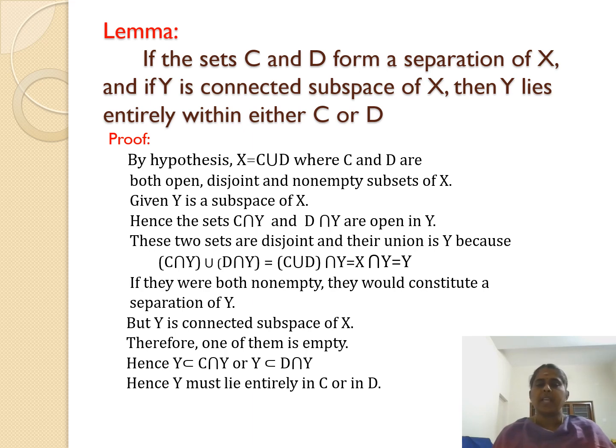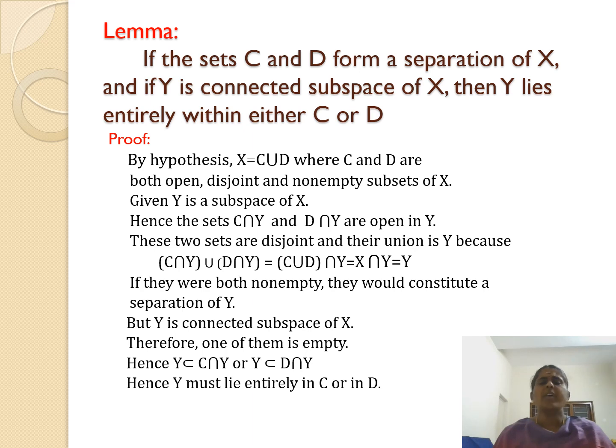Now if we consider their union, C intersection Y union D intersection Y, we write this union as (C union D) intersection Y, but we know that C union D is X. So X intersection Y. Since Y is a subspace of X, X intersection Y is equal to Y. So Y can be expressed as the union of two open sets C intersection Y and D intersection Y.